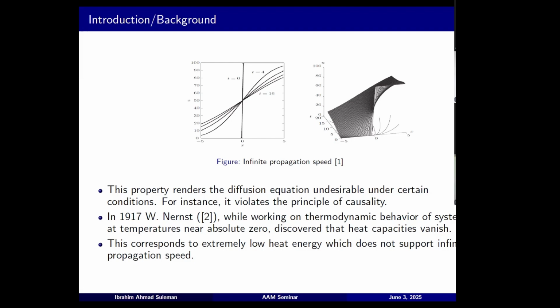Now, vanishing heat capacities mean that you have very little heat energy, though it's enough to raise the temperature of an element, but it's too little to support infinite propagation. So at temperatures near absolute 0, you can only have finite speed propagation. So in this case, other models are preferred to the usual diffusion equation. And this statement is what I'm saying: extremely low heat energy does not support infinite propagation speed.